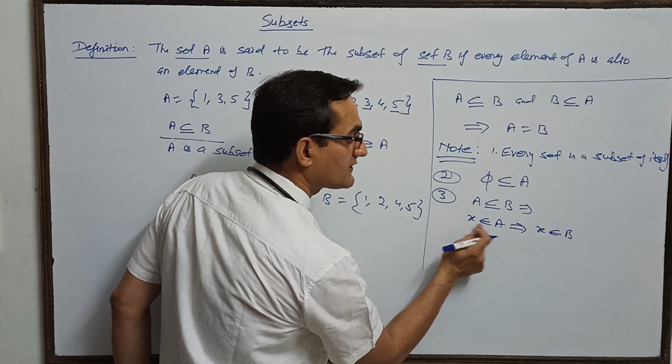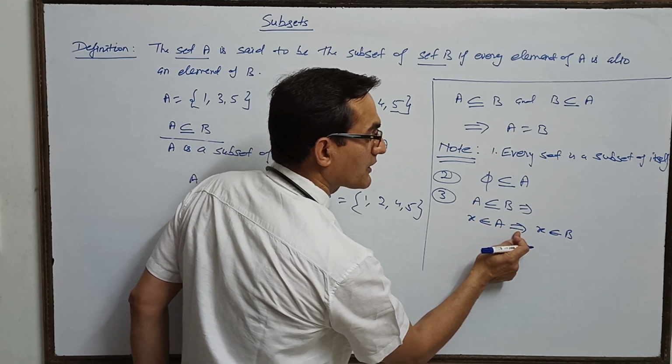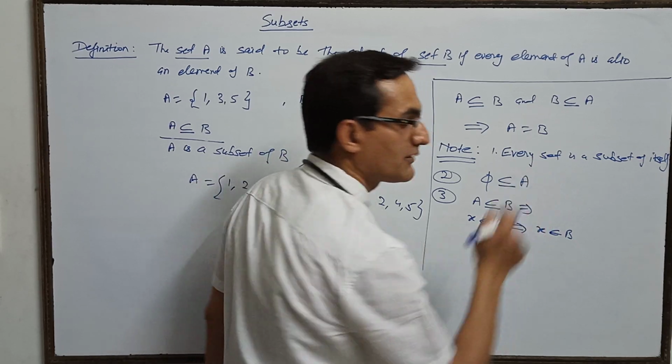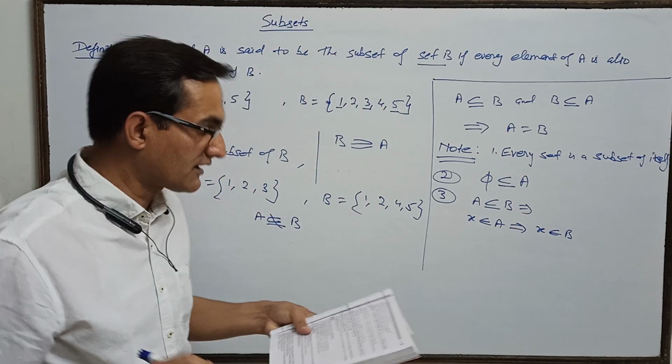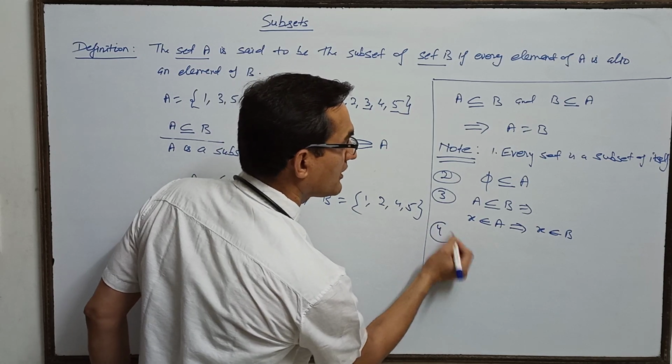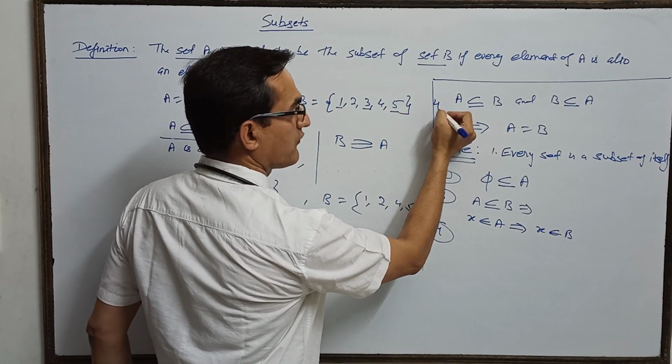So if X is an element of A, this implies that X is an element of B. Is it clear?